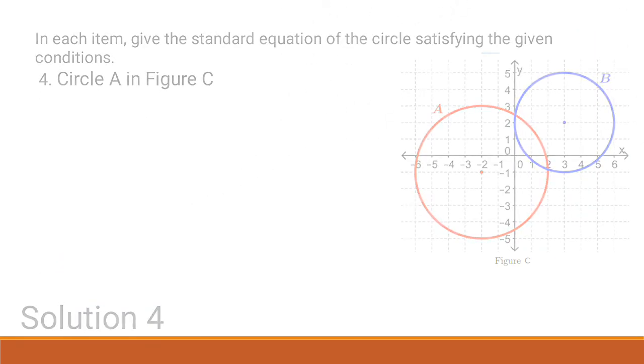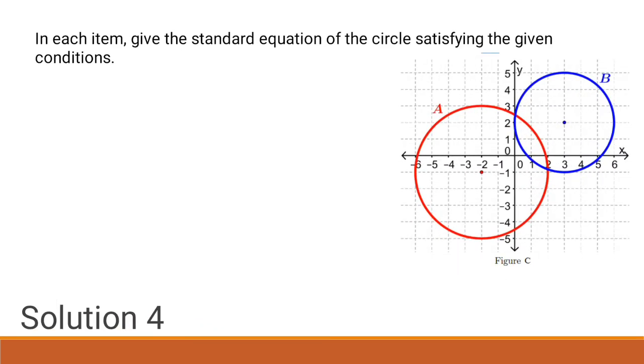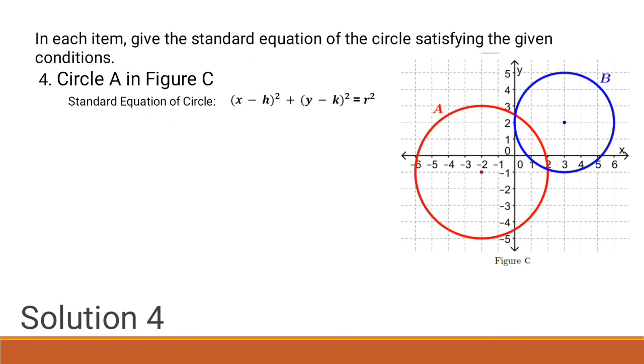For number 4, for our solution, a circle A in figure C. Let's just focus on the red circle. First, you have to notice what our center is. Our center is given by (-2, -1). And our radius, you can count it vertically or horizontally.